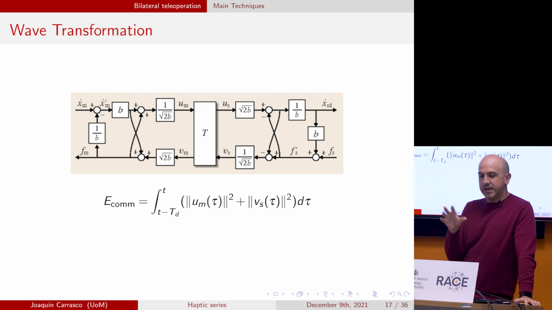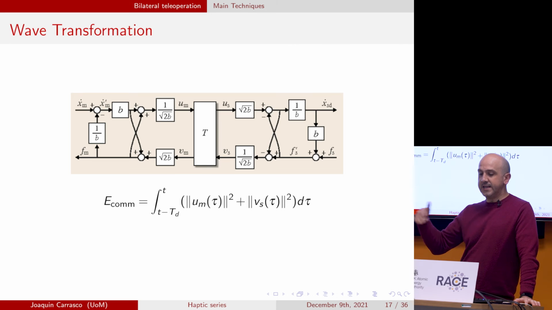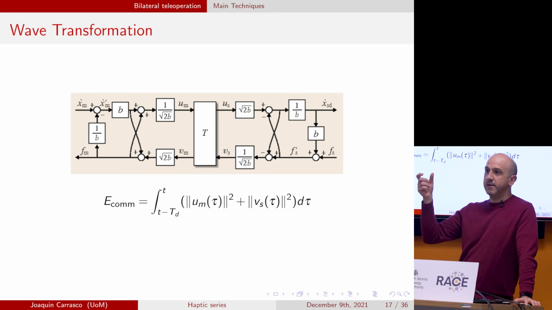So this wave transformation is going to make sure that now I have a nice behavior between the wave variables. So here it is a finite gain system. Because it's a delay, it is bounded in terms of the gain.